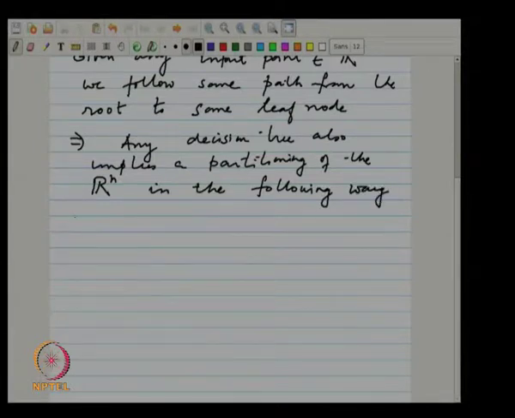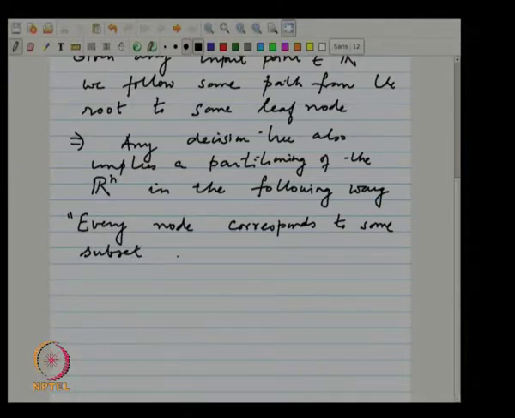That is, every node, whether it is a leaf node or an internal node, corresponds to some subset.